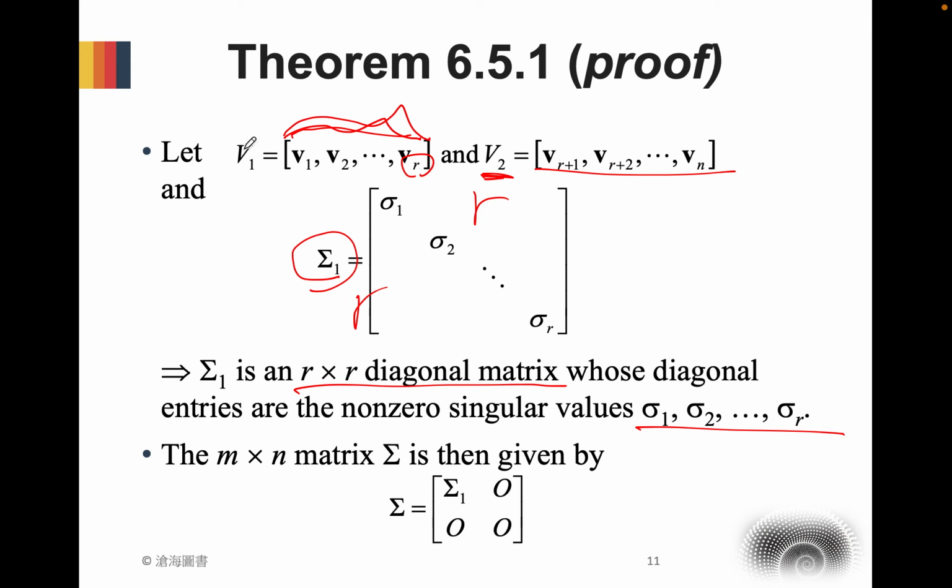So we define the matrices V1, V2, and sigma 1. And actually, the original n by n matrix sigma is given by this: sigma 1 is r by r, and this is r by n minus r, this is n minus r by r, and this is an n minus r by n minus r submatrix.